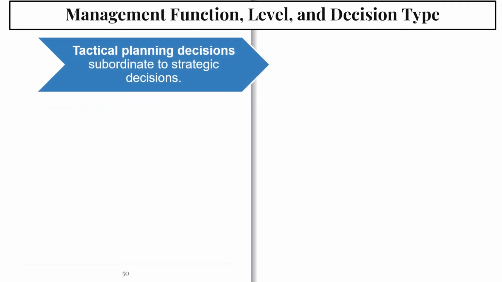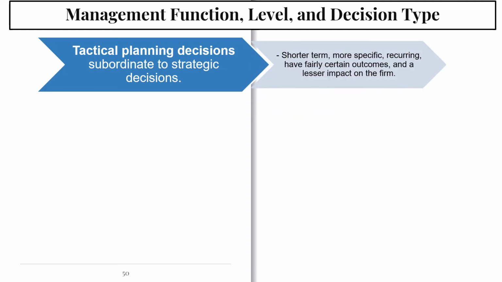Now let's talk about the tactical planning decisions, which are subordinate to the strategic decisions we talked about in the previous slide. The tactical planning decisions have a shorter term, not long term compared to the strategic decisions.